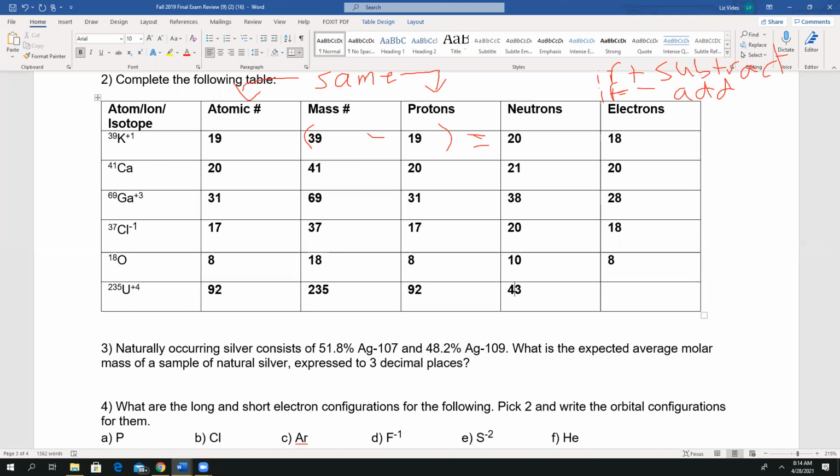So 143. The electrons is going to be, well, you have 92 normally. So when you subtract 4 from 92, you get 88, right? And that's that. Okay, you see? So that's how you fill that out.